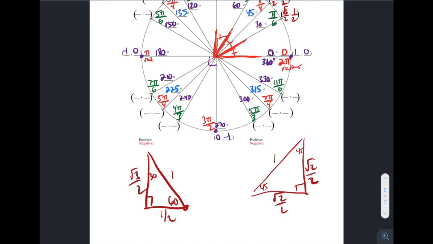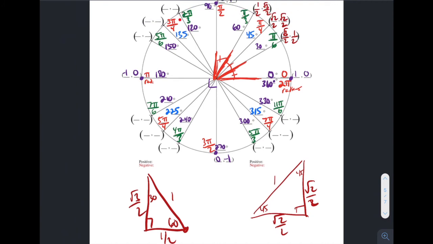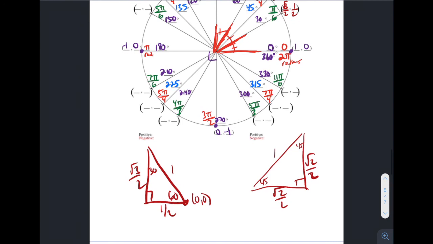Well, in this scenario, this triangle that we had right here, the origin is this point that's right here. This is 0, 0, which means that to get to this point up here, which is the coordinate that I'm trying to find, my x, y, I had to go left 1/2 from the origin, and I had to go up root 3 over 2.